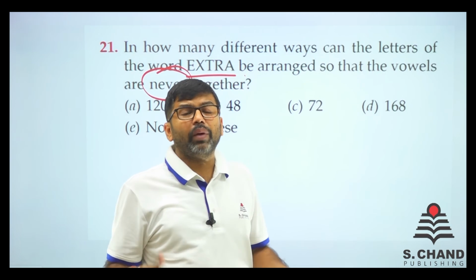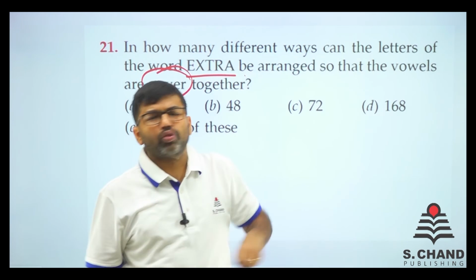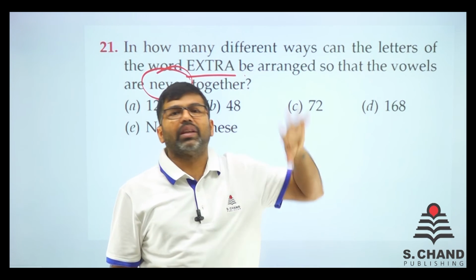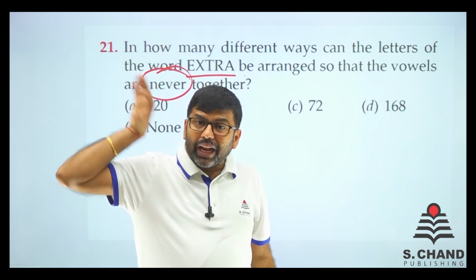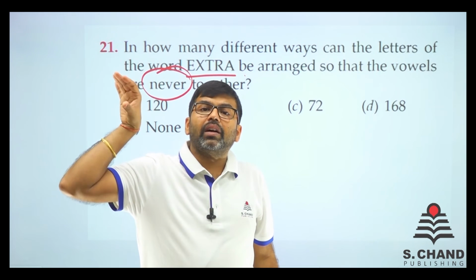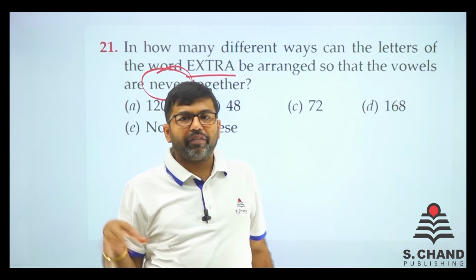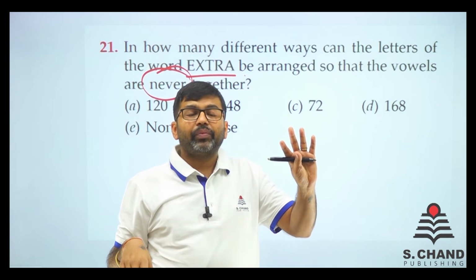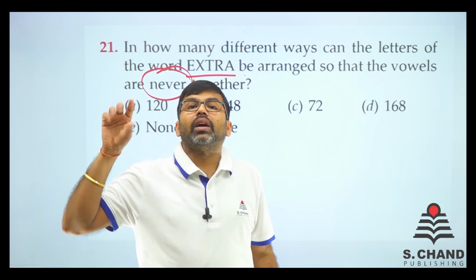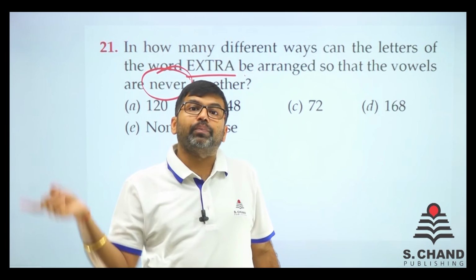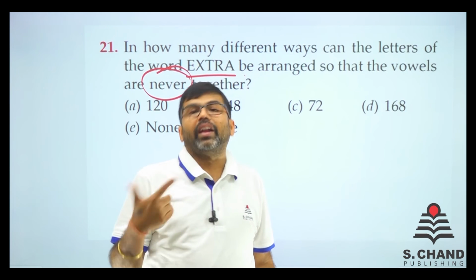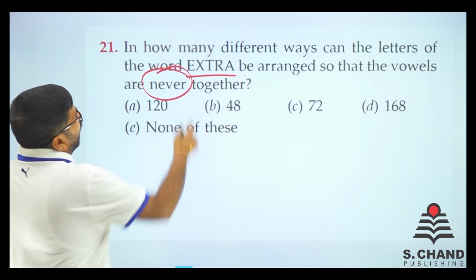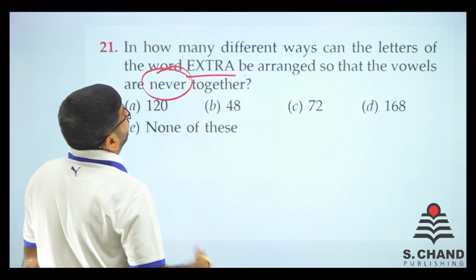If the total arrangement is, say for example, X, we find in how many ways we can arrange them by putting the vowels together. So total arrangement minus the arrangement with the vowels together will give the answer when they are never together.